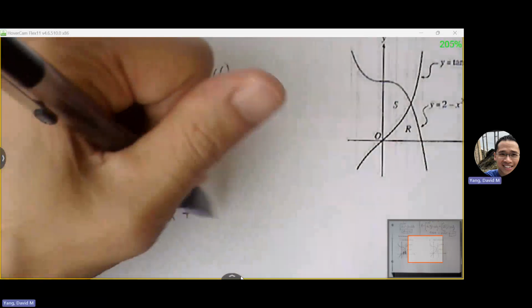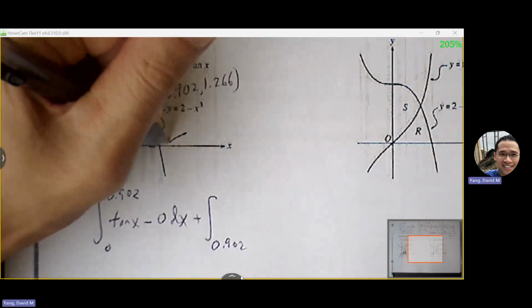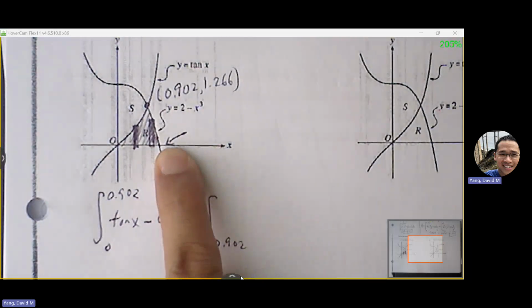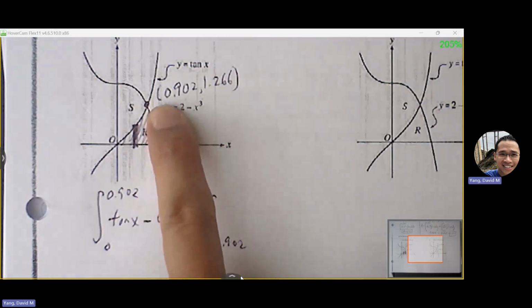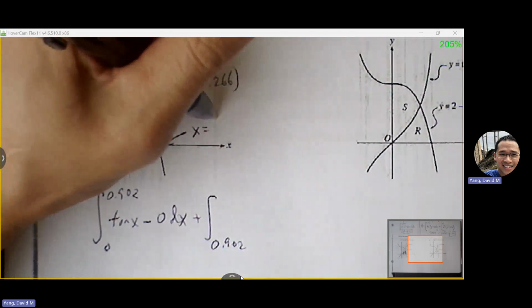And the region on the right is from 0.902 to whatever this x-intercept is. So for the x-intercept, I can just replace y with 0, make the calculator find it for us, but it's actually going to end up being x equals cube root of 2.